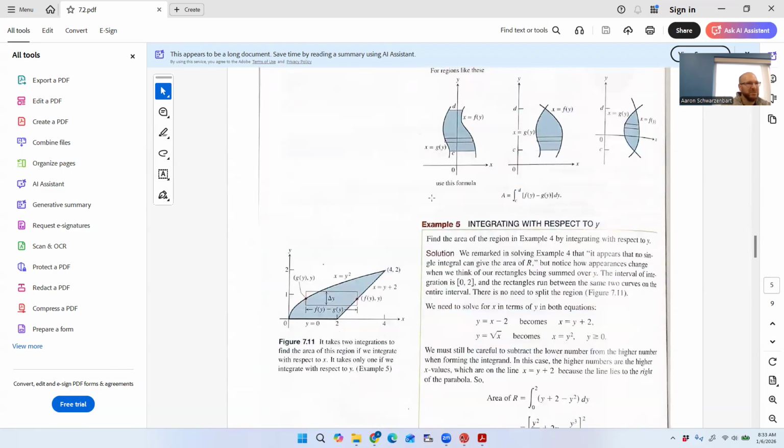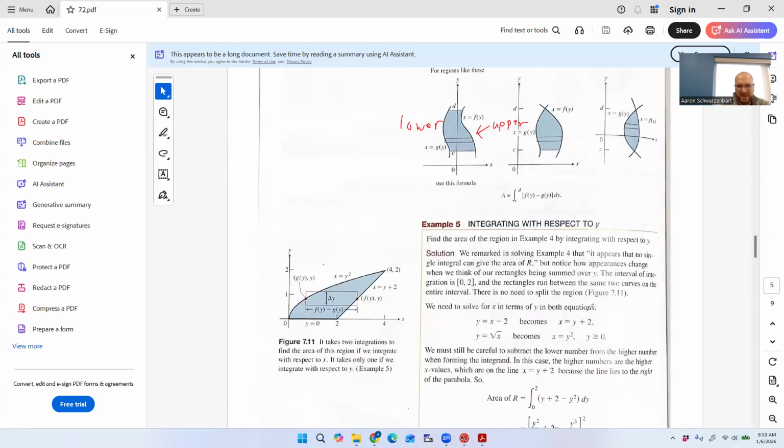Sometimes we want to integrate with respect to y, which means my equation needs to be in x equals form. Okay. Upper is actually this side, lower is that side, because you're thinking about positive x's. Okay. This could be done doing it with y.